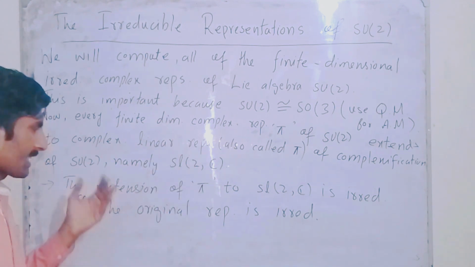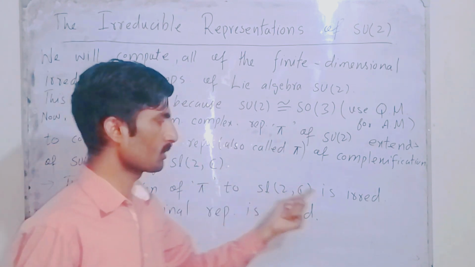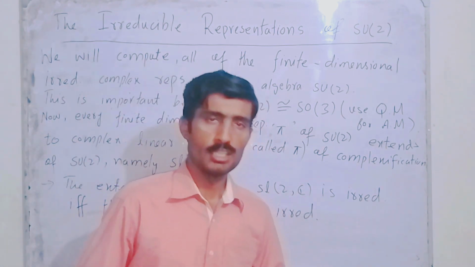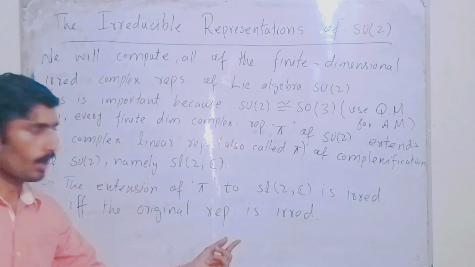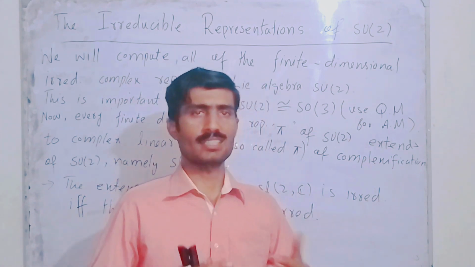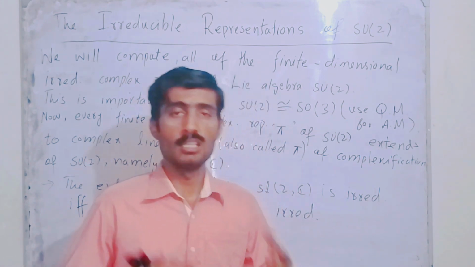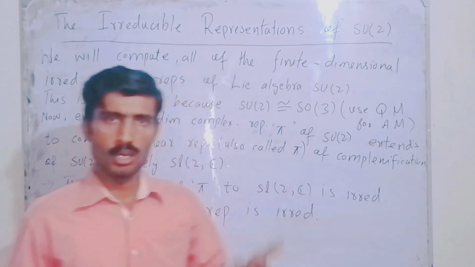The extension of small pi to sl2 over c is irreducible if and only if the original representation is irreducible, right?